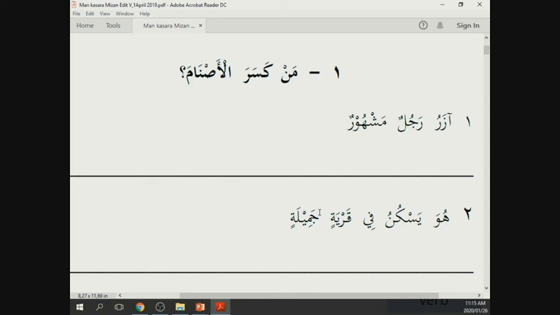What does walad mean? Walad means a boy or a son. And Azar is the guy's name, right? So what do you think Waladu Azar means? The son of Azar. That's the name of the chapter. So now we'll actually work through the chapter. Let's just read it, everybody together.